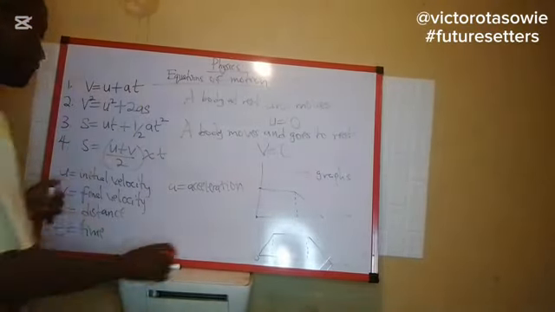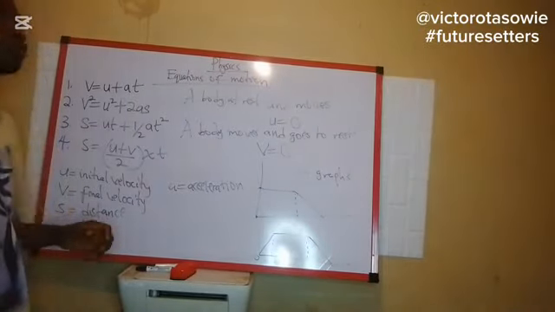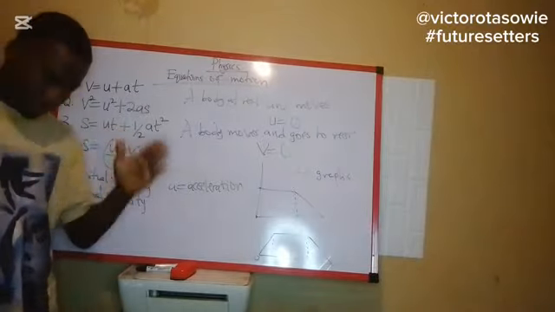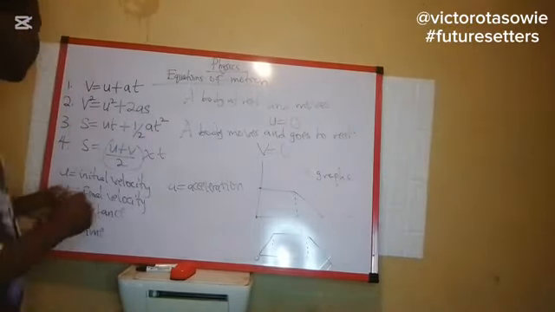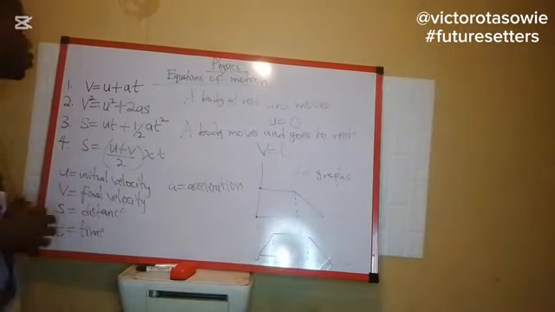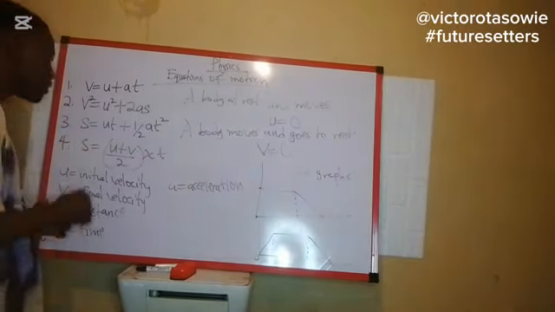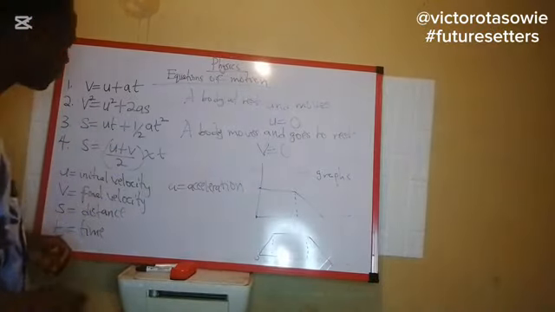Like I said, the first formula states that V is equal to U plus AT. The second one says V square is equal to U square plus 2AS. The third one says S is equal to UT plus half AT square.